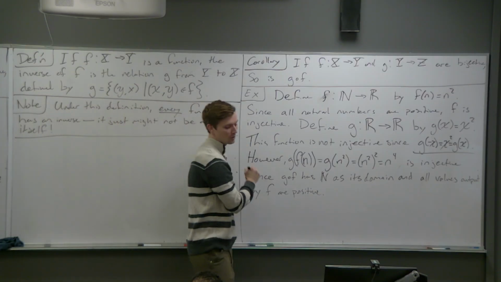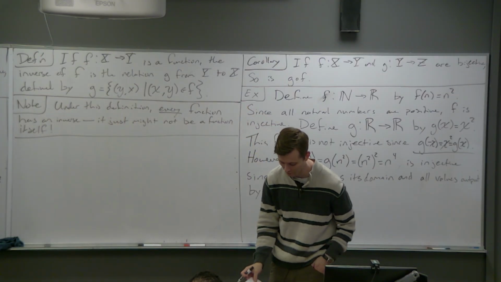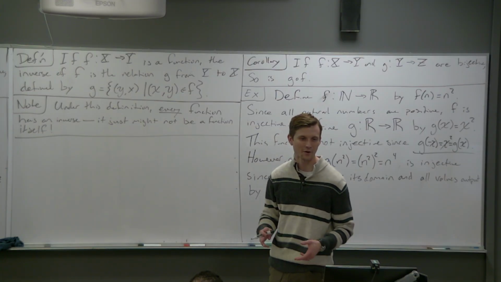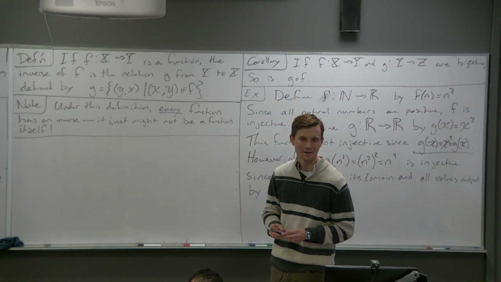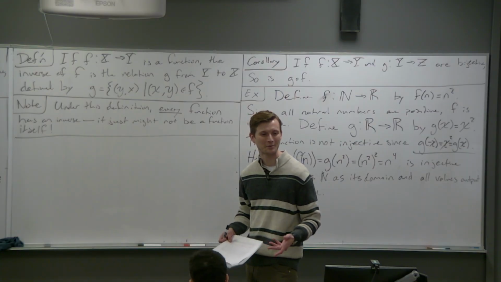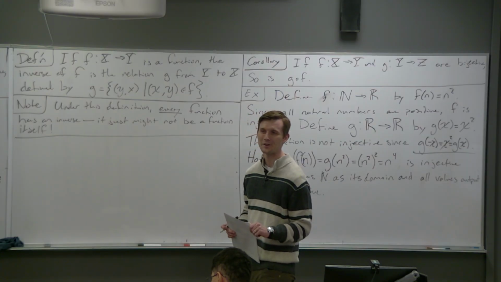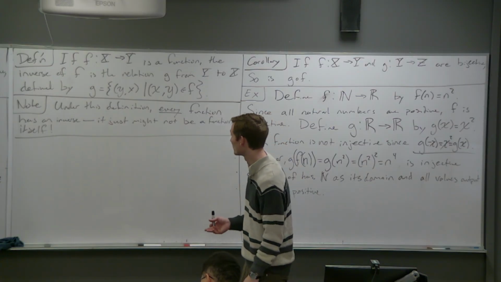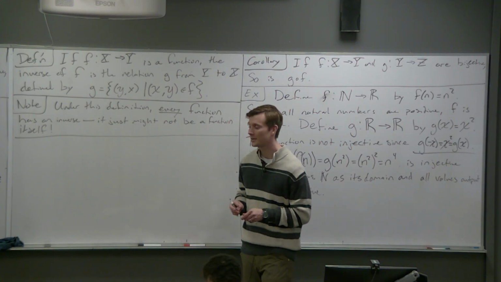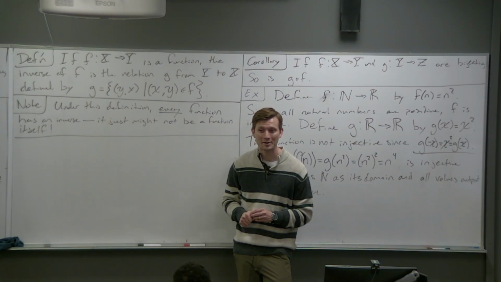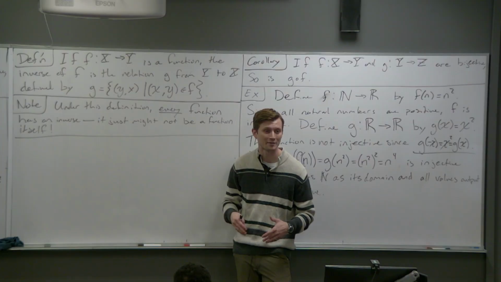So a lot of people reserve the word inverse for the case where we actually get a function back, yeah? Here we're proceeding without that. That's a convention of your textbook that, you know, there are reasons for it and against it. It is nice to be able to talk about an inverse by itself. That is, to talk about this flipping operation without needing to specify whether or not the thing is a function.